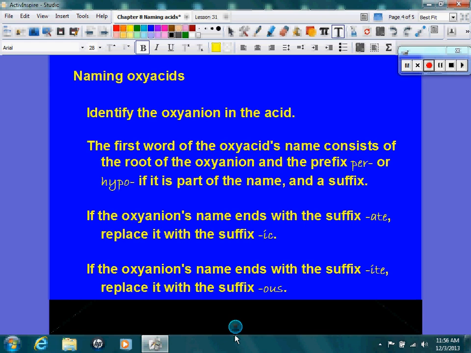It originally was ite, so it's sulfite, SO3, 2 minus. And so what would the compound be? If it's 2 minus, it would have to be H2SO3. So that would be the formula for sulfurous acid.